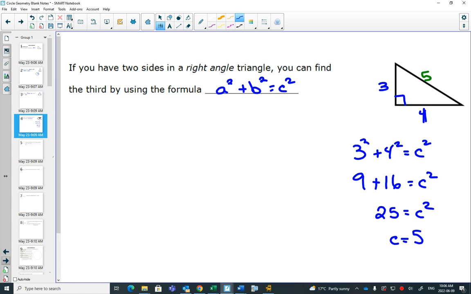And there are more that work. The 5, 12, 13 triangle is famous, the 7, 24, 25, right? How many do you know? Do you know the 8, 15, 17 one? Oh, well, you do now. 8 squared plus 15 squared, 64 plus 225 is 289, which happens to be 17 squared.